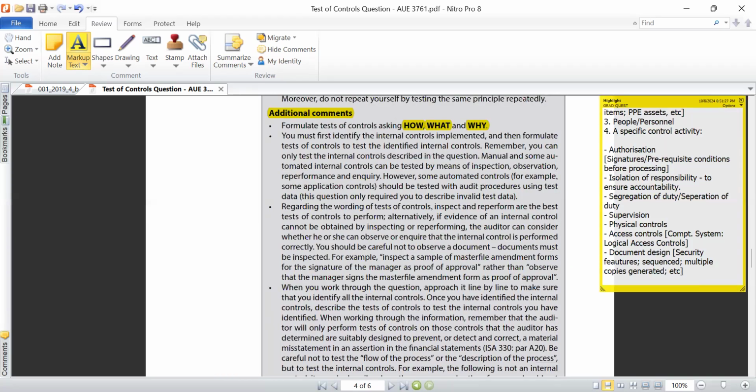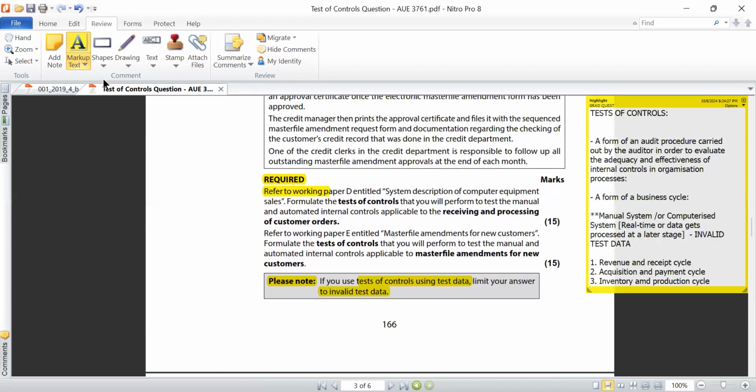Before we go into the question, let's start off with the required section, because that should always be your starting point. In the required part, they are asking you to refer to working paper D, entitled System Description of a Computer Equipment Sales.